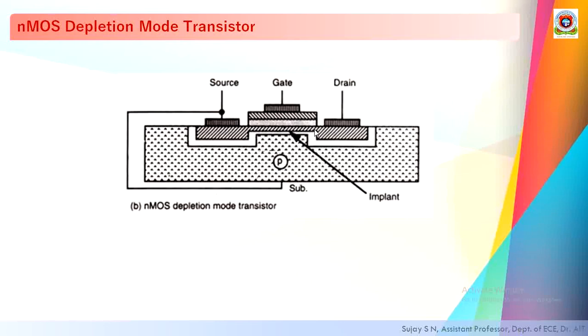But in the depletion mode transistor, at the fabrication time itself, we create this channel. We diffuse the N impurities to make this channel, this connection between source and drain. So there is no requirement of minimum VGS to turn on this transistor now.